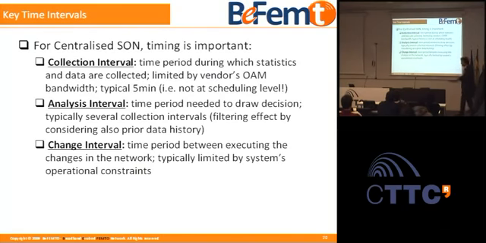So at least for the centralized one, 3GPP introduced 3 different time notions, these intervals. The first interval is the collection interval, meaning at what time frequencies do you collect information. And as you can see, it's 5 minutes. So we're not talking about milliseconds here, so we can't operate on a transmission interval.